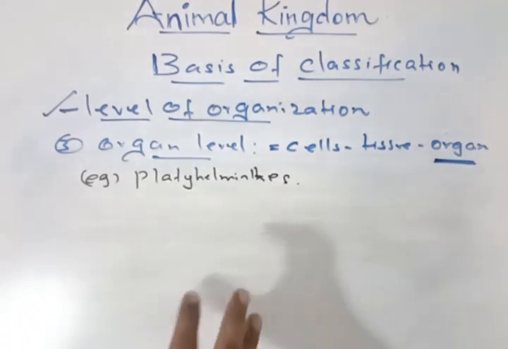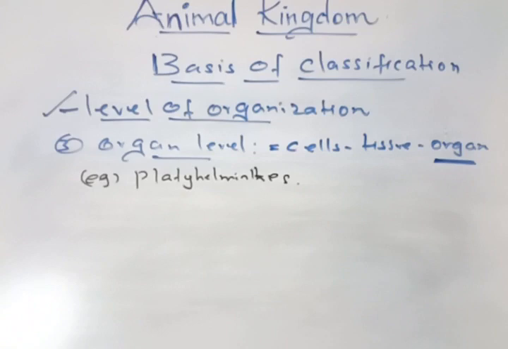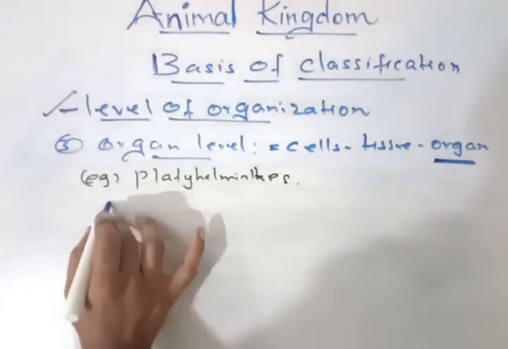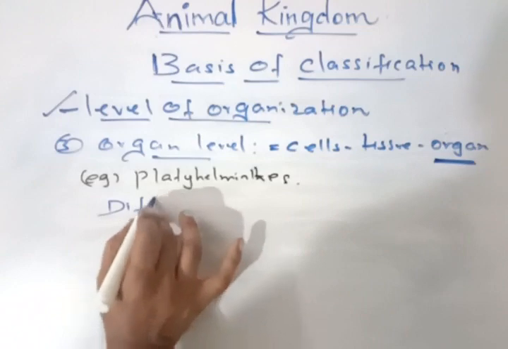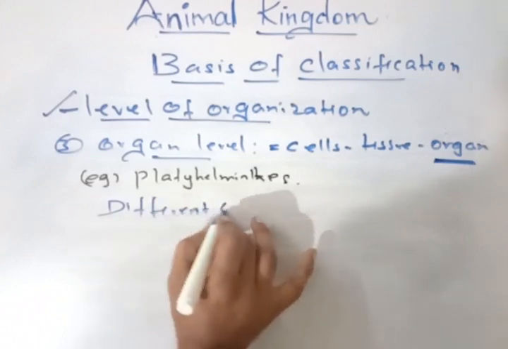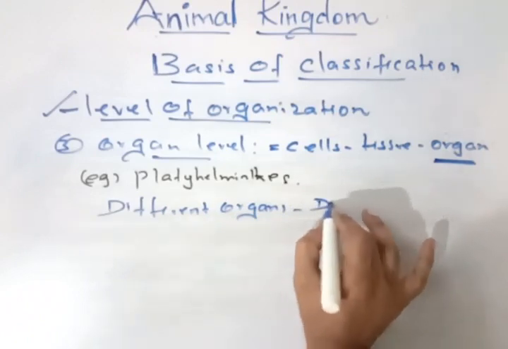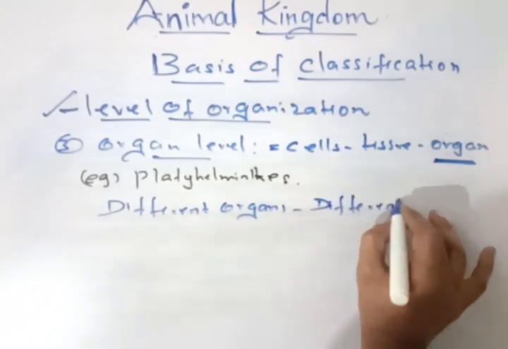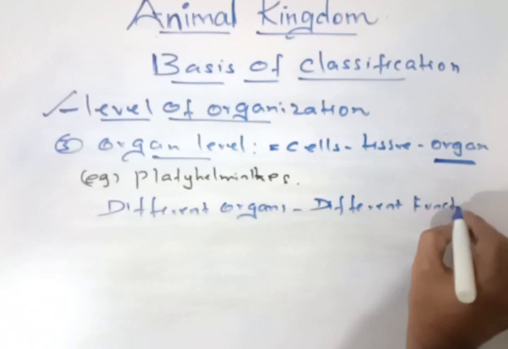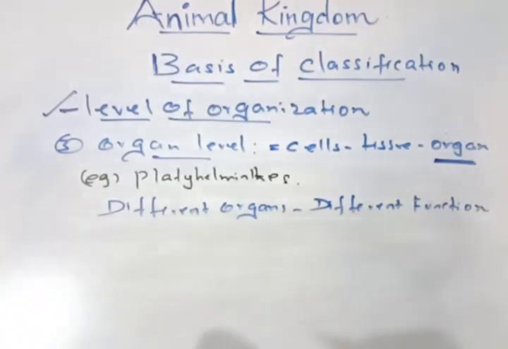This organ level will be seen in the Platyhelminthes, so that means it has different organs, and different organs perform different functions. Very simple, you have to understand. Here you will have different organs for different functions. So this example and all you have to remember.